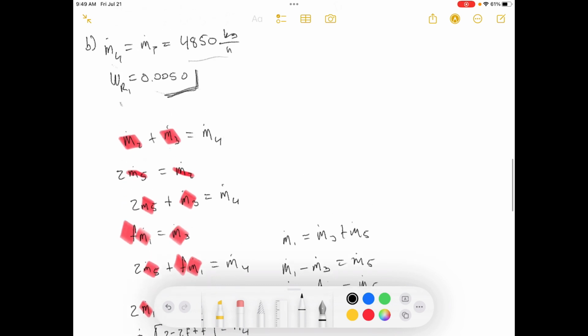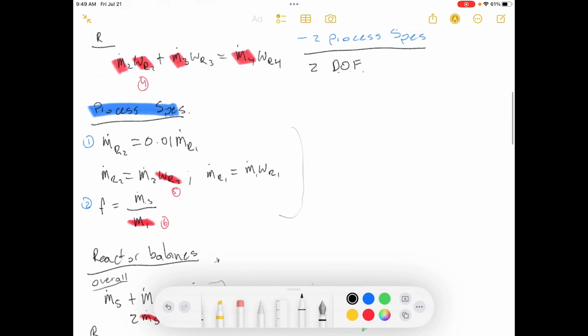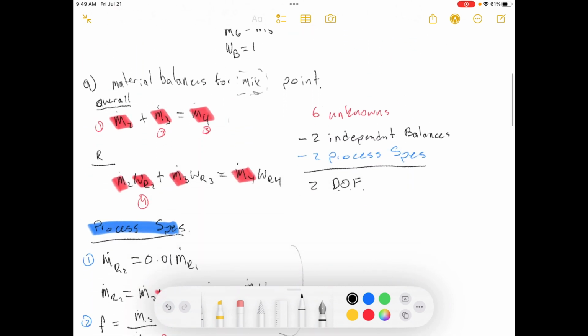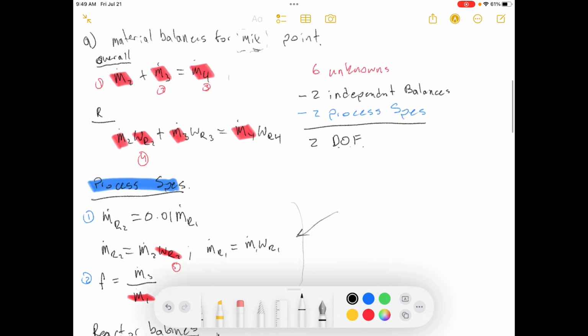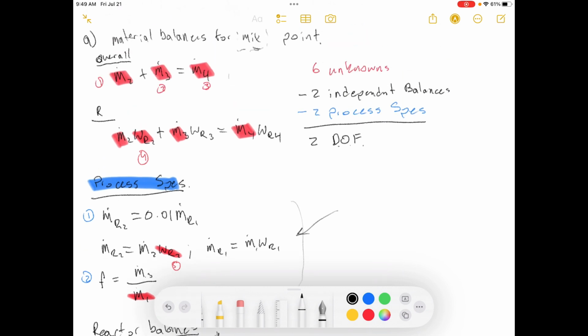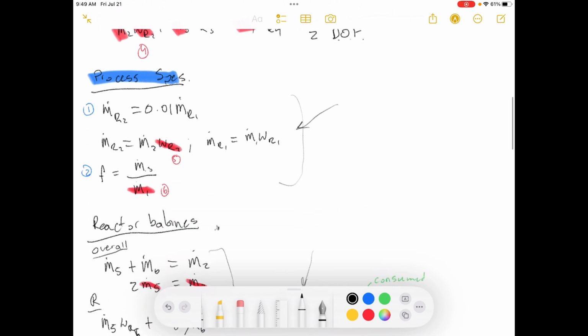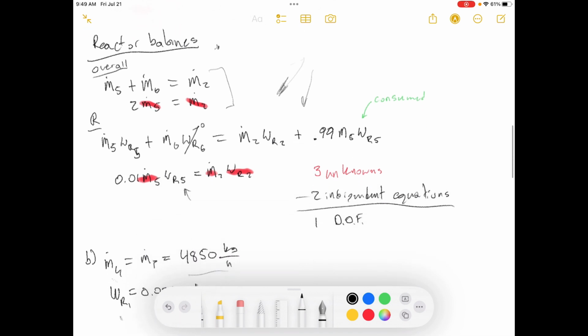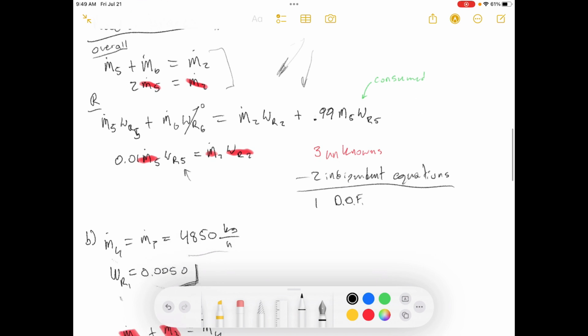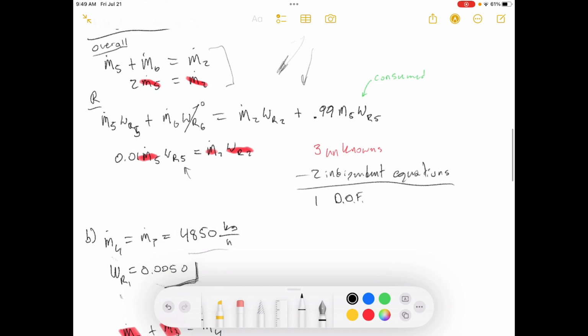All right, so now we're going to take all of these equations that we wrote up here, and use this equation set from the overall balances, and then this equation set from the reactor balance, and try to put 2 equations together with 2 unknowns.